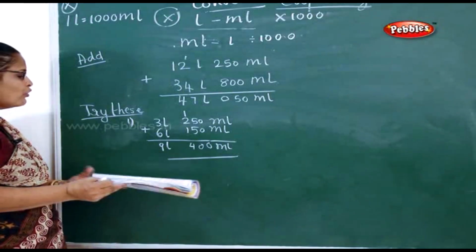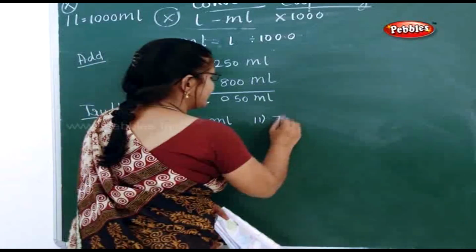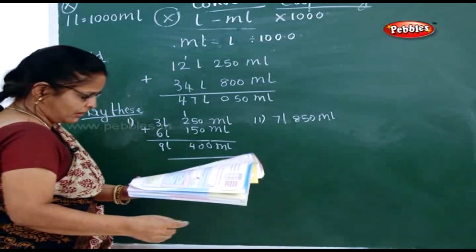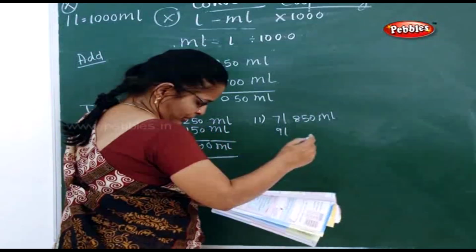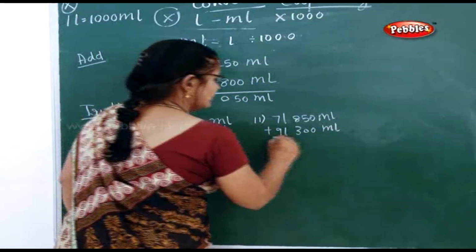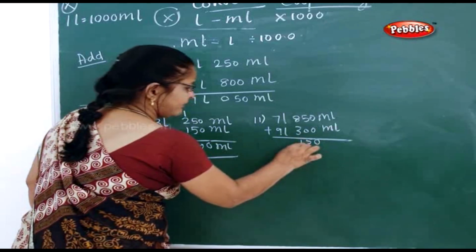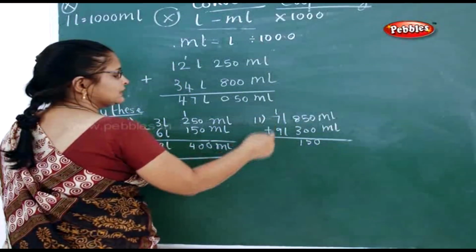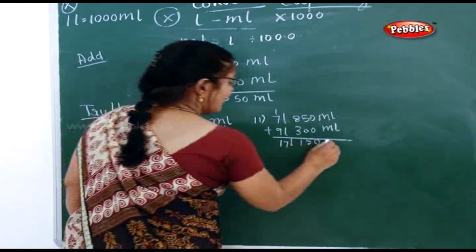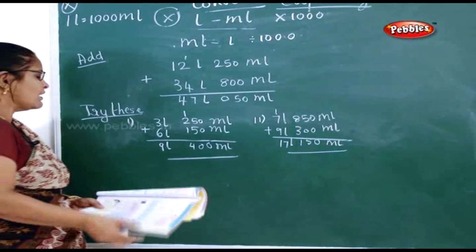Now, second sum, you write 7 liter 850 ml with 9 liter and how many ml? 300 ml. Now, add it. 0 plus 0 is 0, 5 plus 0 is 5, 8 plus 3 is 11, 1, 7 plus 1 is 8, 8 plus 9 is 17. So, you get 17 liter and 150 ml.